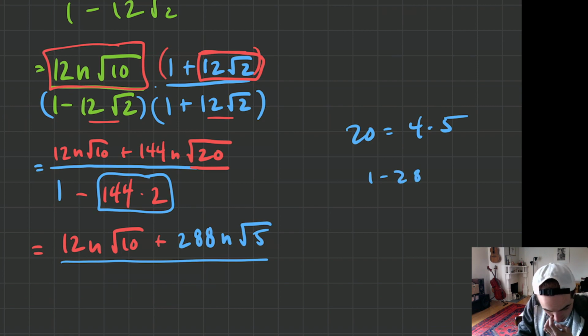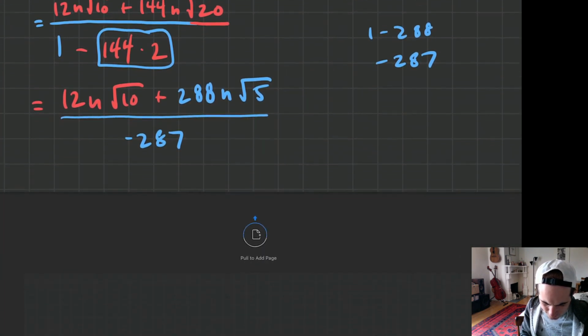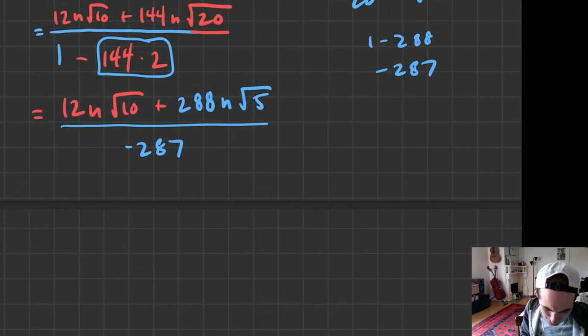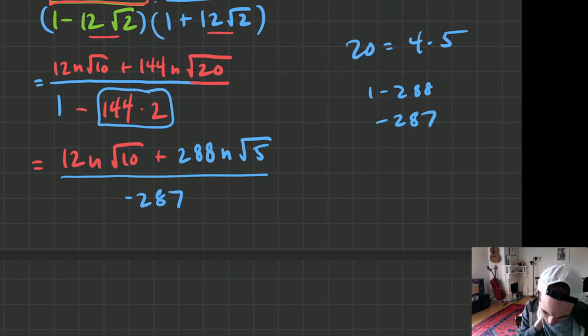So 1 minus 288 is negative 287. So I've got negative 287 as the denominator. I believe that's pretty much simplified, but let me think about it a little bit more. I think that's pretty much all we can do.